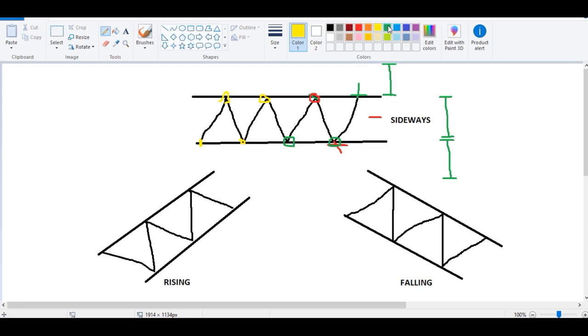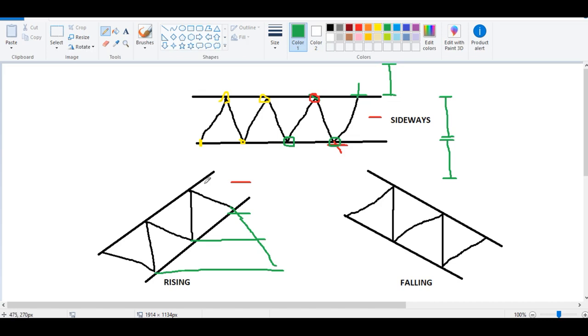So if we're trading the breakout in a rising channel, let's say it breaks out towards the bottom, so we will enter short the moment it breaks this bottom trend line. My stop loss can be the mid level right here, and my targets will be the two swing lows. That's the first one, and this is the second swing low. These are my two targets.